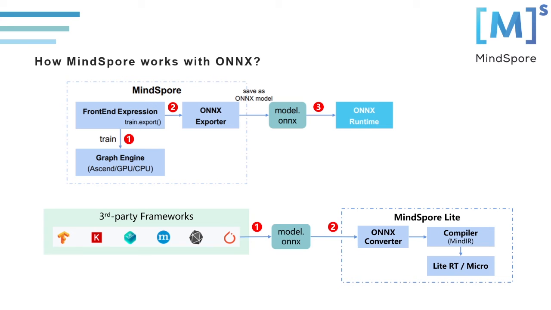And secondly, you can load and convert the ONNX model through the MindSpore Lite front-end API. And thirdly, users can compile the Lite model into a MindIR graph using graph optimization. And lastly, you can just run the MindIR graph efficiently on mobile devices or IoT devices.